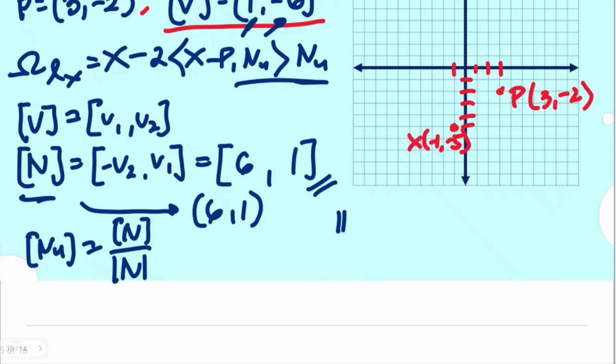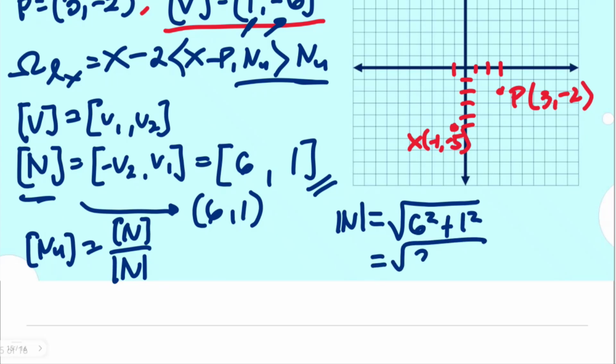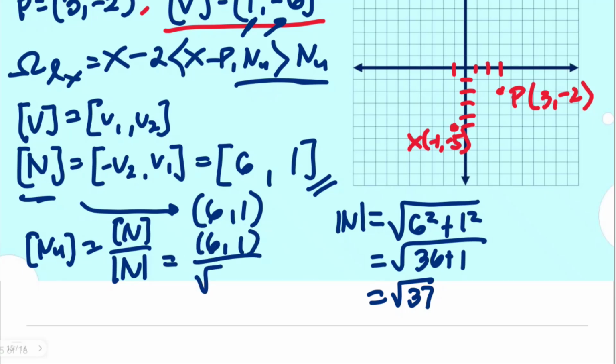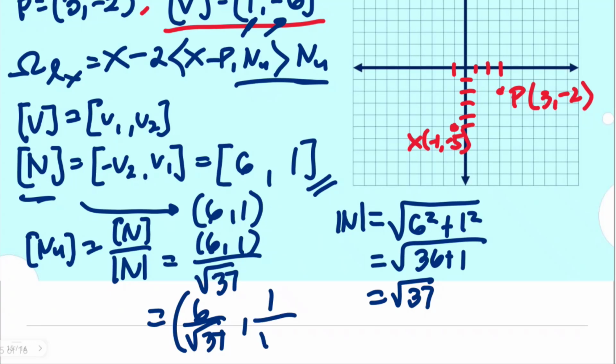The length of the said vector is the square root of the sum of the squares of the quantities, 6 squared plus 1 squared. So you have 36 plus 1, so your length is square root of 37. So your unit normal vector is (6, 1) over square root of 37, or 6 over square root of 37 and then 1 over square root of 37.